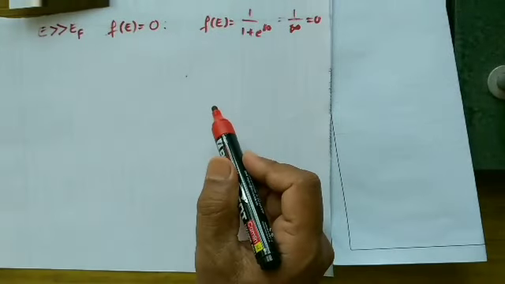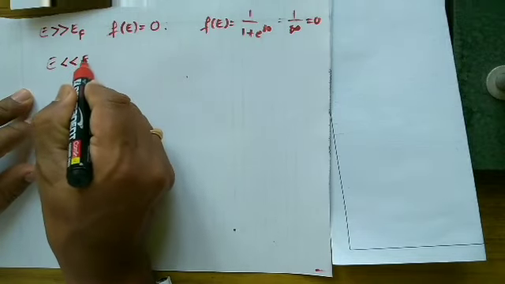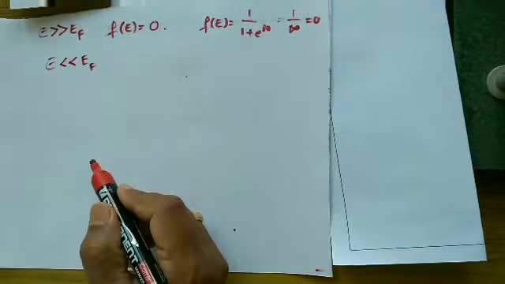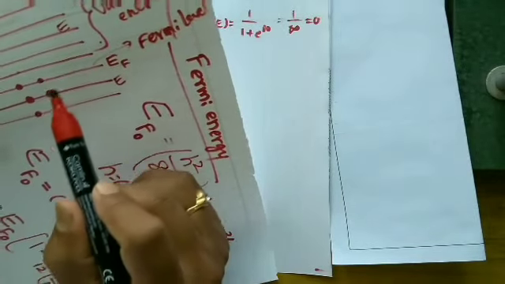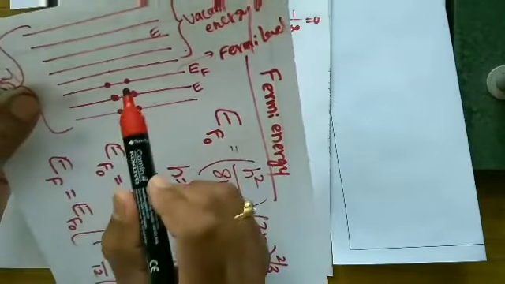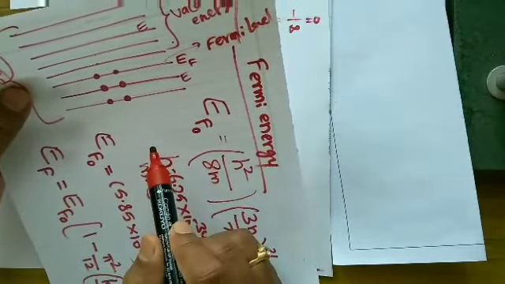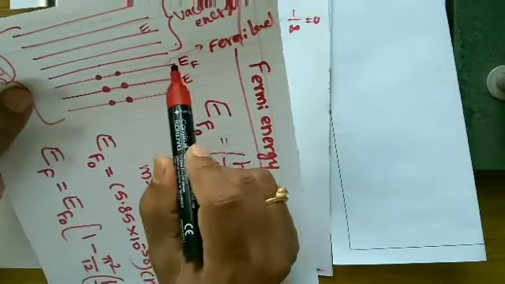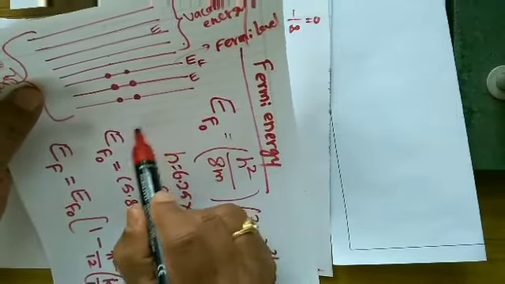In case E is very small compared to EF, assume that this is the Fermi energy or Fermi level, and if you are considering an energy level well below the Fermi level, then we say that EF is very considerable as compared to the energy level which we are considering.